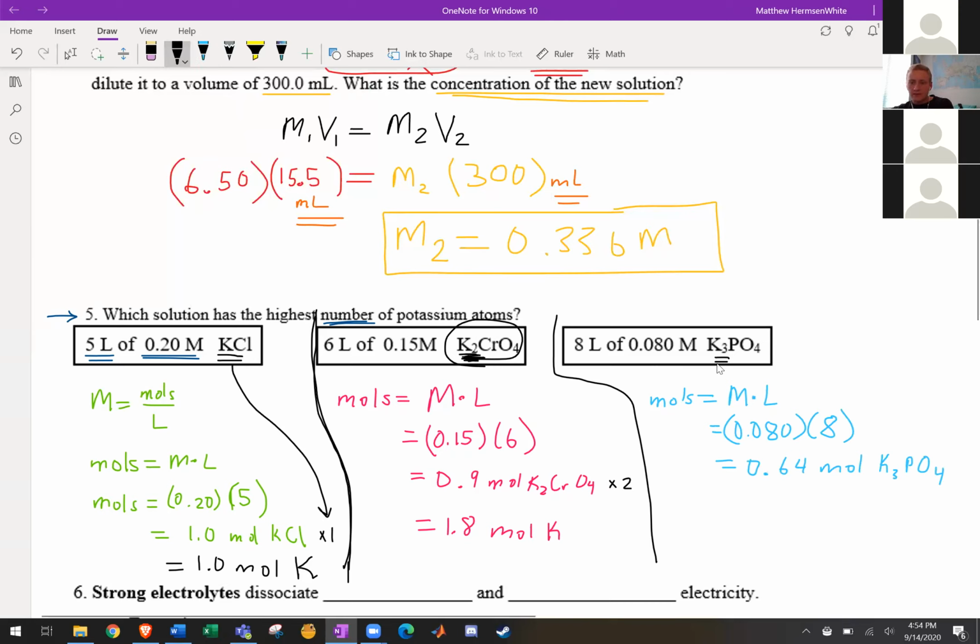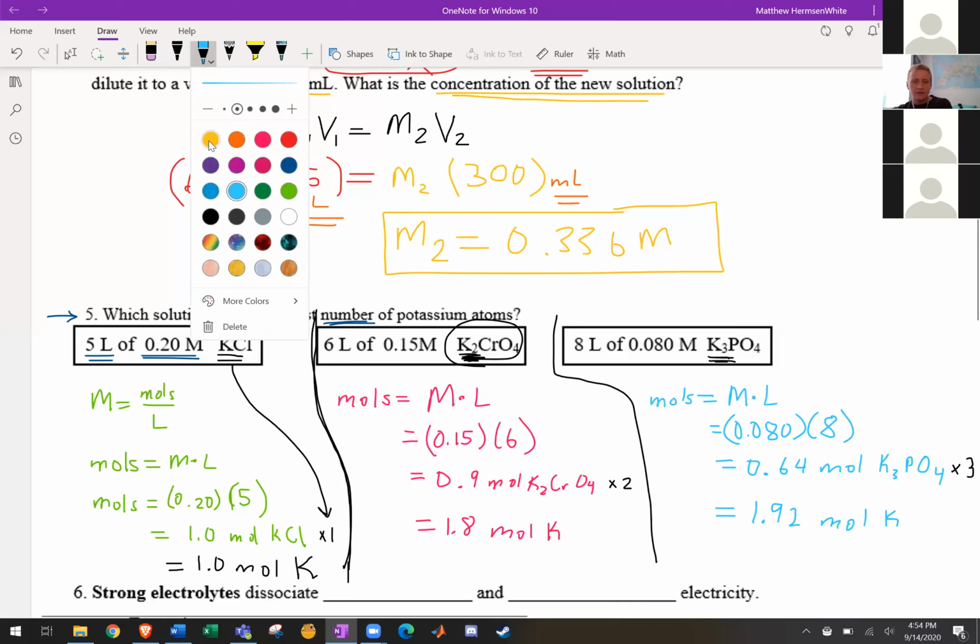Now, once again, this one here has 3 potassiums for each K3PO4. So this one we have to times by 3. And this will result in 1.92 moles of potassium.